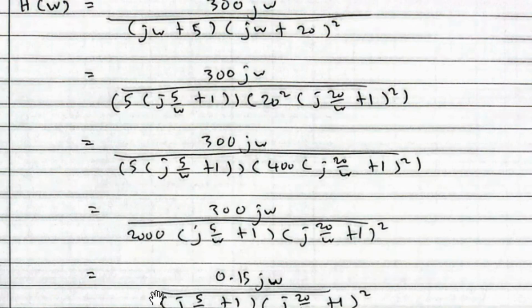After I got the answer, from 0.125 j omega becomes 90 degrees because it's constant, and then we got negative tangent inverse omega over 5 from this, and then we got minus 2 tangent inverse omega over 20 from this.